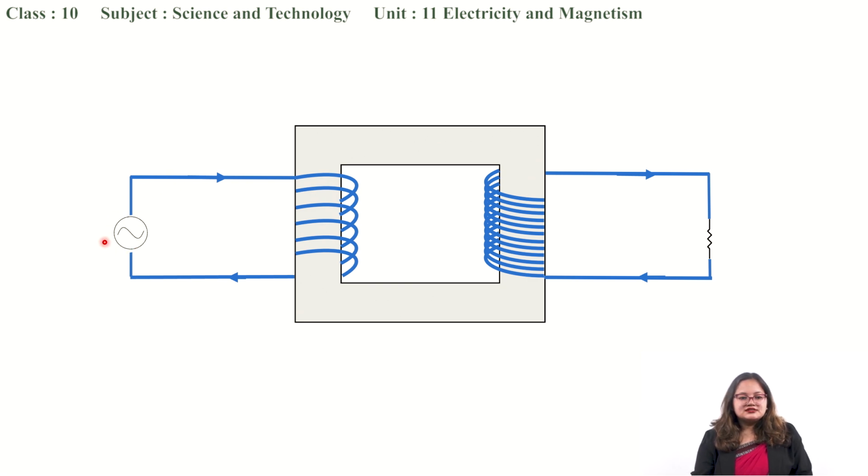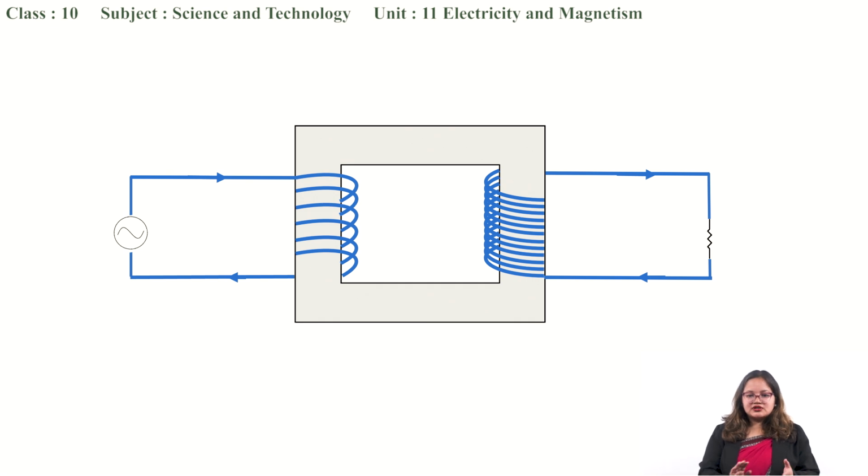So this part of the transformer is known as the primary coil. So the primary coil is connected with the AC source. And here you can see on the other side, it is connected with the load. So the part, or let's say the windings, which are connected with the load are known as the secondary coil.